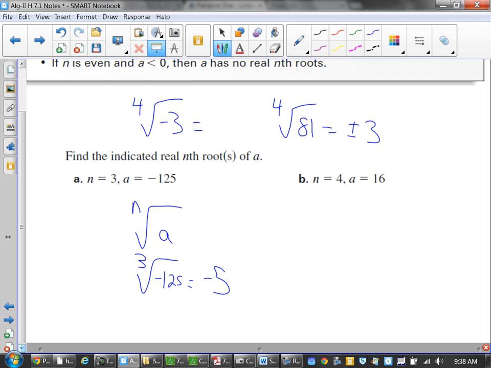Negative 5, negative 5, negative 5. That's what it's asking. There's no imaginary here. Imaginary occurs when you're dealing with even roots of negative numbers. If it's an even nth root, it's going to be plus minus. If it's odd, it's just whatever's underneath the radical.